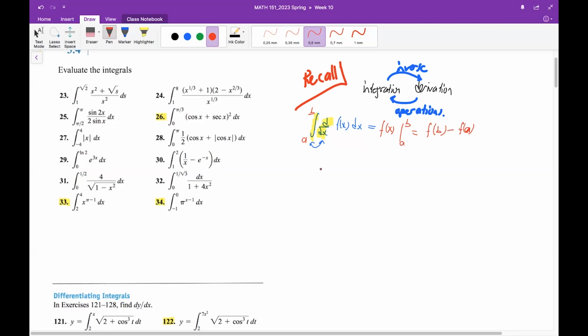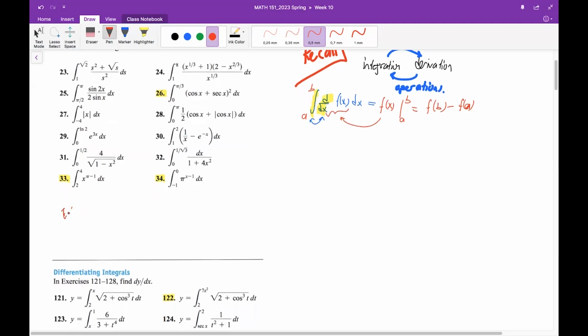So to guess the result of the integral, you can think in a way that what should be a function whose derivative is this one, okay?